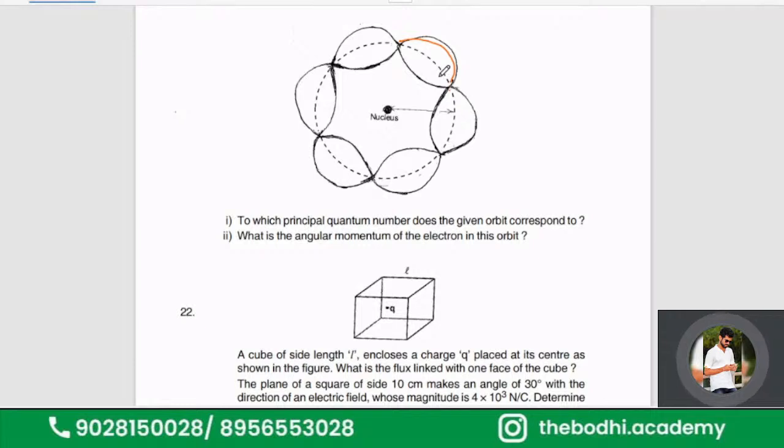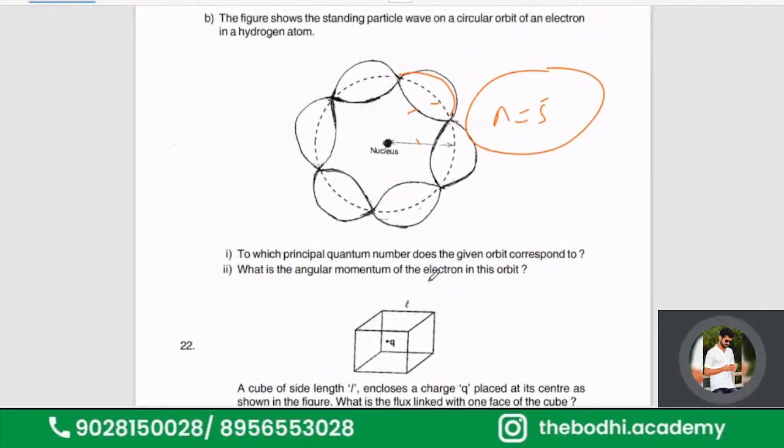This one is a direct question. We get 1, 2, 3, and 4, and here 5. So n is equal to 5. To which principal quantum number does the given orbit correspond? Yes, n is equal to 5.